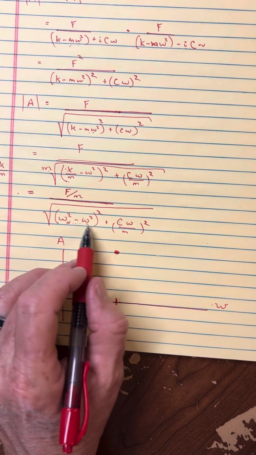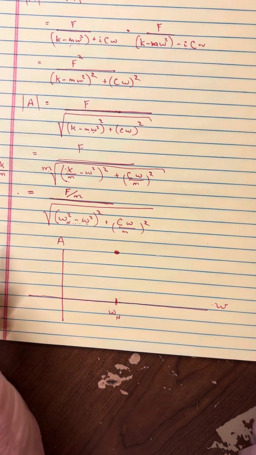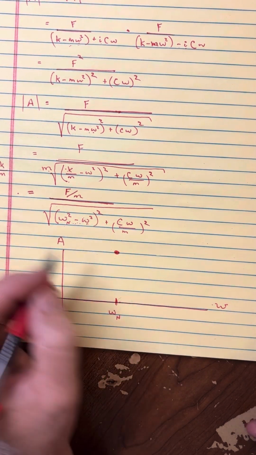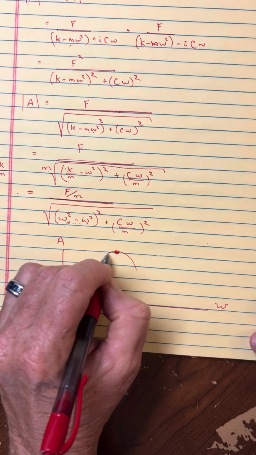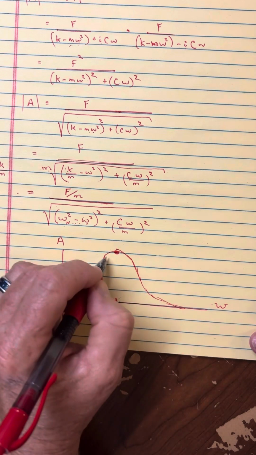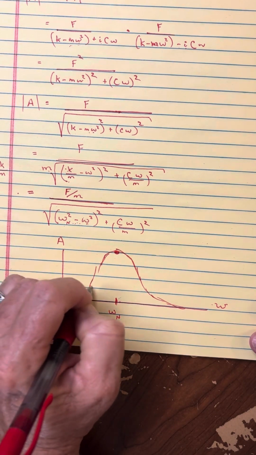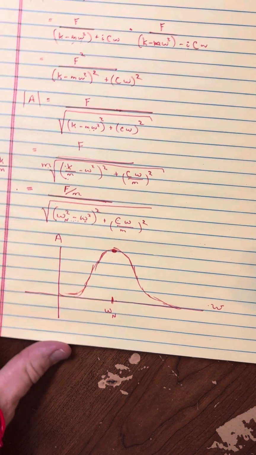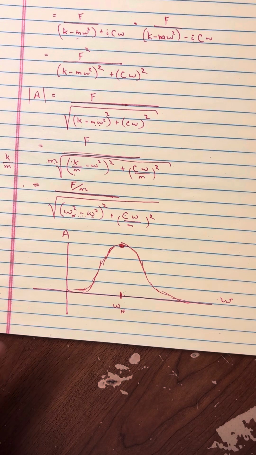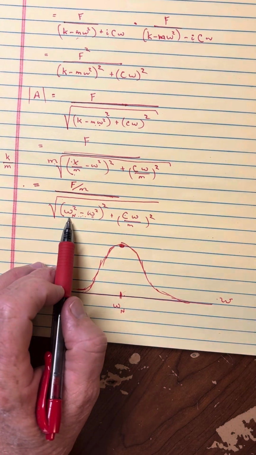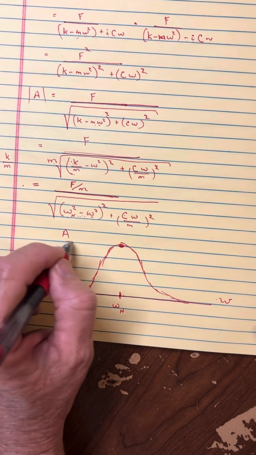But if you were at a frequency that was a little higher or a little lower, although it does have a minus sign here, you square it, the negative goes away, and it tapers off. And it follows maybe something that looks like this. And this is why we call this resonance, because if you are driving it at a frequency near what we would call its natural response, you actually get a pretty big amplitude.